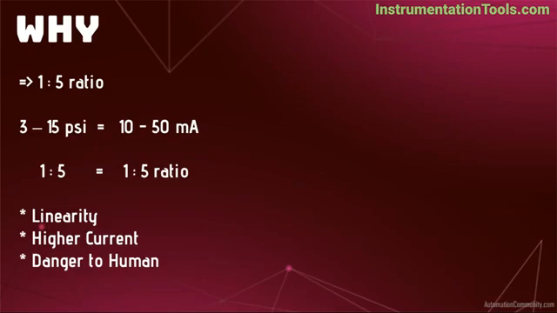Initially, for a short period of time, they had chosen 10 to 50 mA as the signal range. This range is using 10 mA to represent 0% process variable, and 50 mA to represent 100% process variable. As discussed previously, the higher signal range must be below 30 mA, so eventually, they stopped using the 10 to 50 mA range.